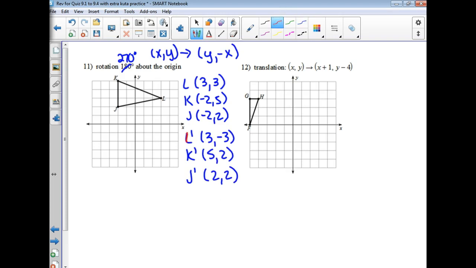Okay, so I'm going to go ahead and plot these in red. 3, negative 3. Finish this one up and no problem. 5, 2. And J, 2, 2.